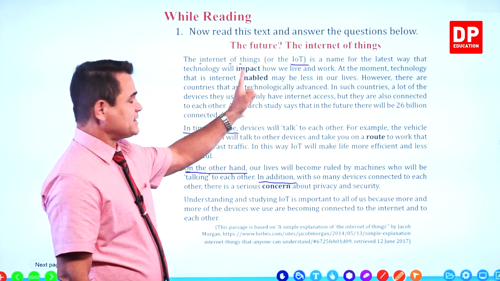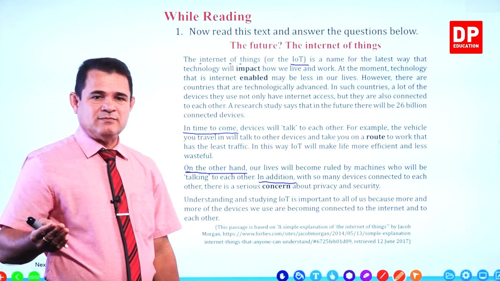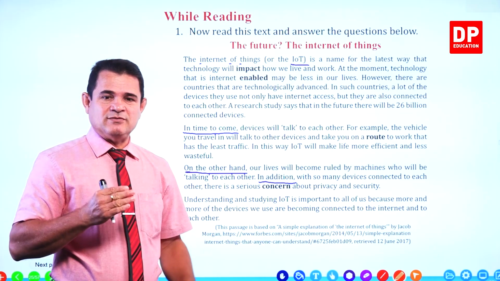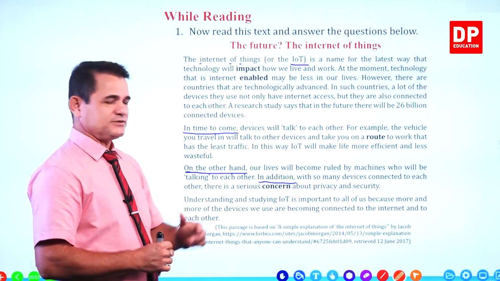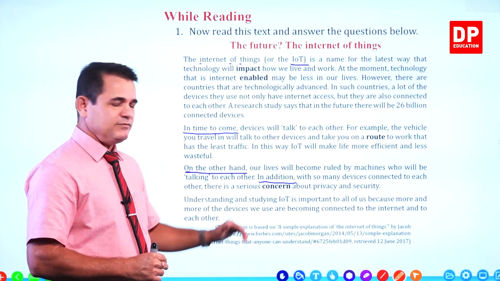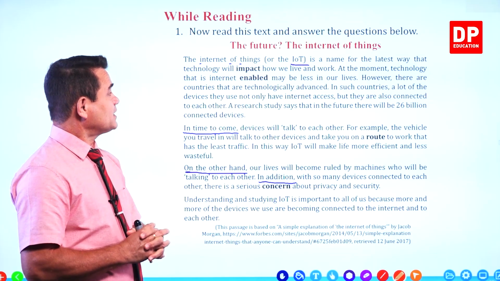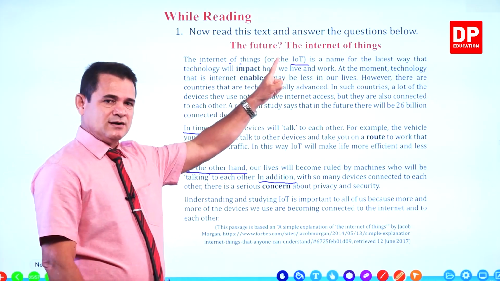Technology will impact how we live and work. තාක්ෂණය බලපායි අපිට how we live and work. අපි ජීවත් වෙන්නේ කොහොමද, වැඩ කරන්නේ කොහොමද කියන එකට තාක්ෂණය බලපායි. Impact. Right. So then with that you got a good idea about this Internet of Things.